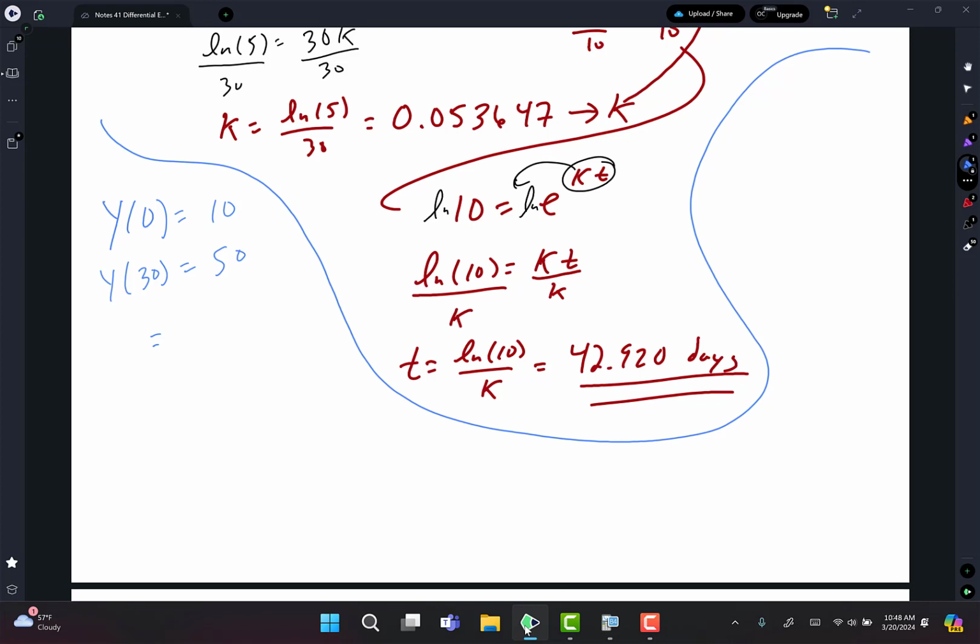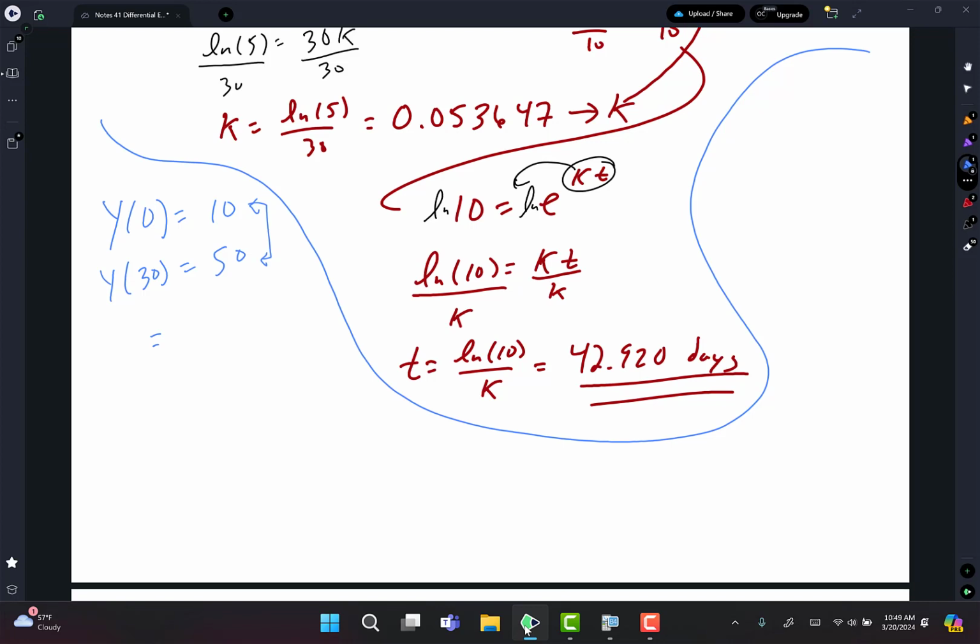I'm going to choose the base to be 5. It's because I need a relationship between 10 and 50. All right, guys, focus. How do I get 50 from 10?